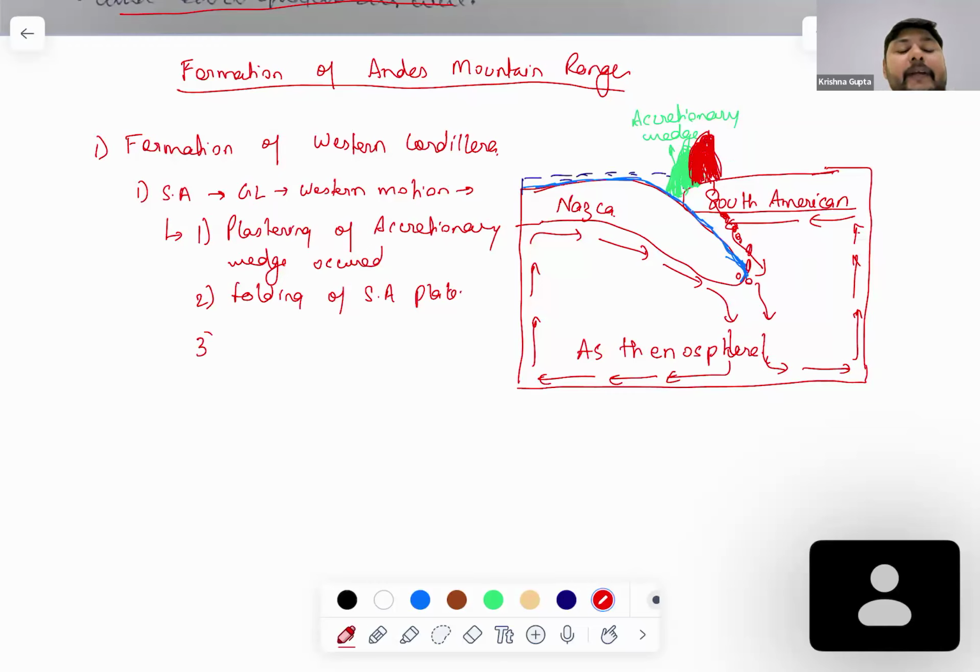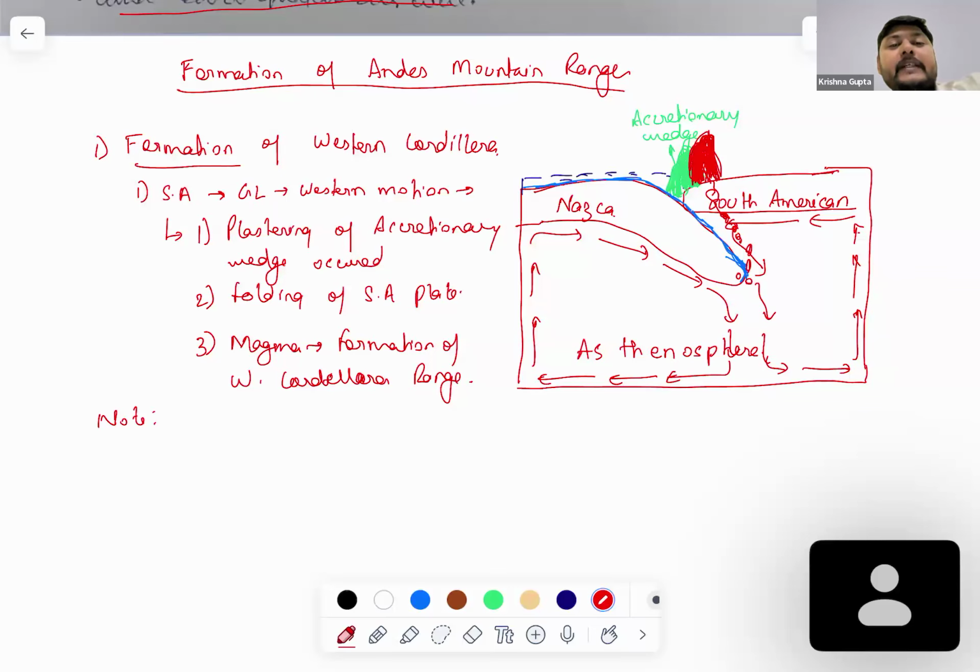So number three, because of magma, there was formation of the Western Cordillera range. Now here there is a note.